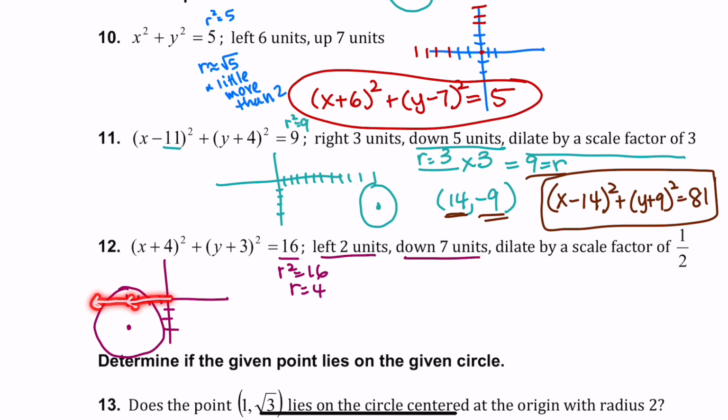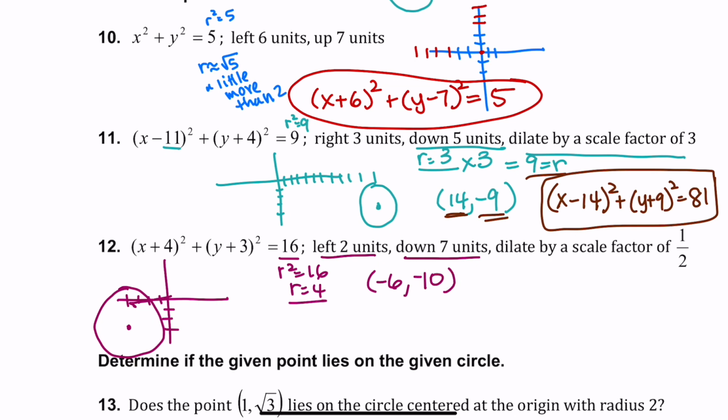So 4 to the left plus another 2 to the left is going to be a negative 6 for our x value. And then if we go down another 7, we're already down 3. If we go another 7, it's a down 10. So we're going to have a negative 10 here.